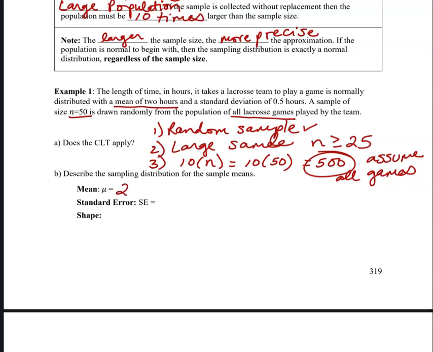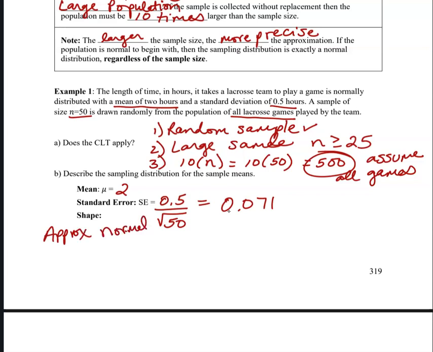The standard error is going to be sigma, which was 0.5, divided by the square root of n, which was 50. So let's put that into the calculator. I am getting 0.071 if you round it for the standard error. So the shape is going to be approximately normal.